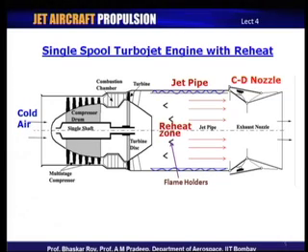Once you have a reheat and there is no turbine afterwards, that limit is kind of gone, and you can indeed, if you want, reheat the gas either to the same temperature or to an even higher temperature, depending on your engine design. And once you do that, that high energy gas is exhausted through the jet pipe into the exhaust nozzle, and you can create a high velocity jet.